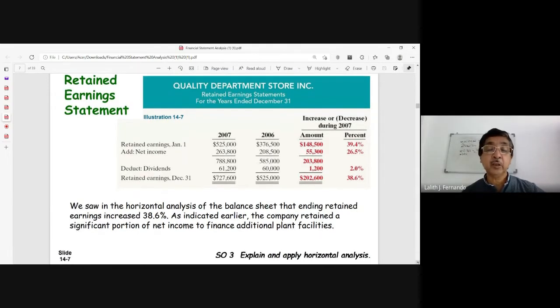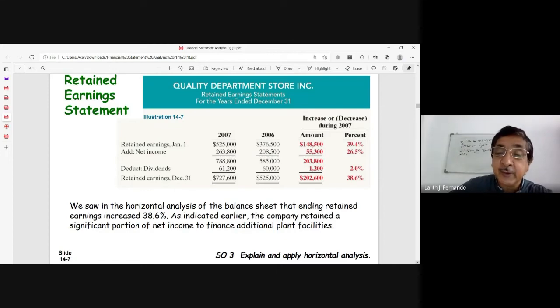Right. Now you just see retained earnings. If you look at the January 1st level, it is a 39.4% increase. If you compare the two years' Januaries, 2007 January 1st it is 525,000, and in 2006 it is 376,500.